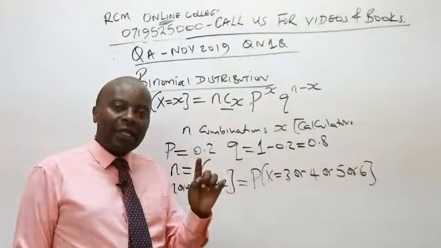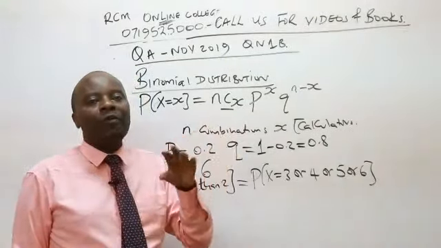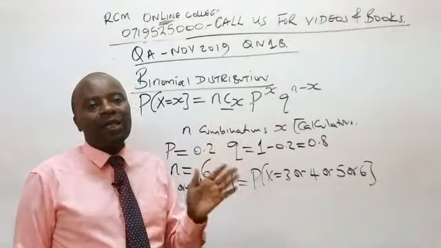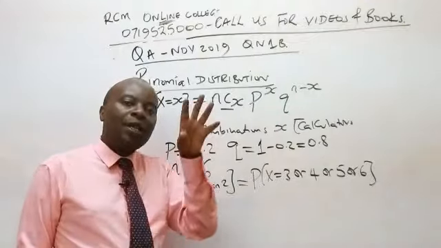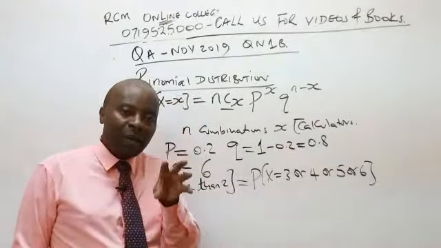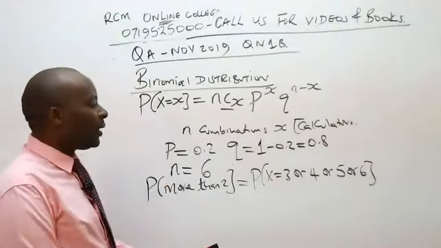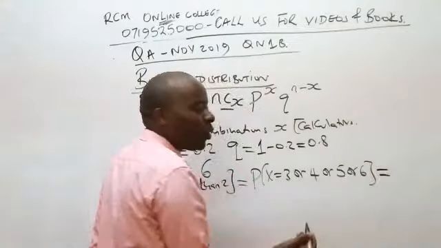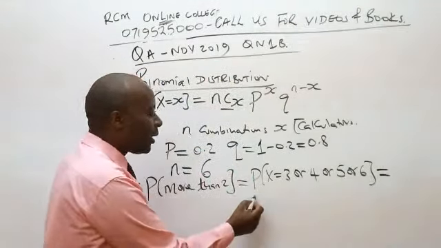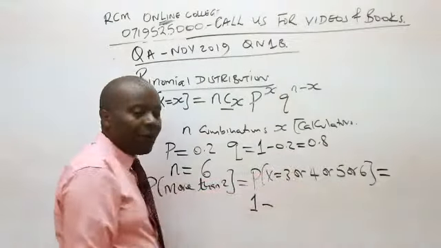Now, if they are collectively exhaustive, we expect that when you add all those events, from probability of X equals 0 all the way to probability of X equals 6, those probabilities sum up to 1. Meaning this particular one here can also be obtained by taking 1 minus the events which are not here.